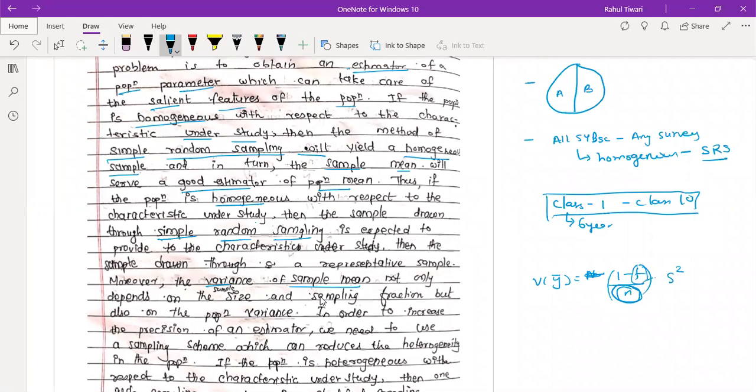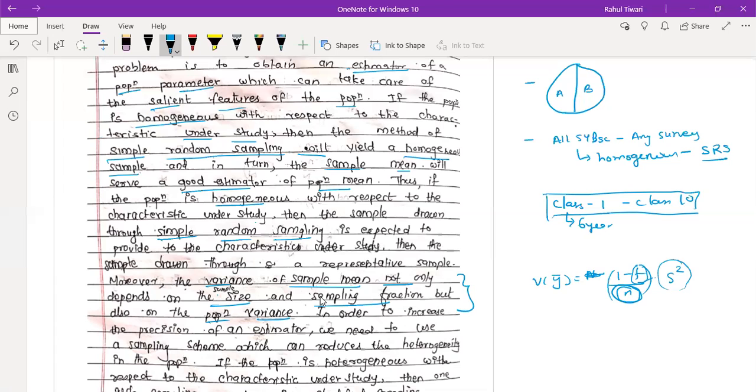It not only depends on the sample size and sampling fraction, but also on the population variance. So this is the case when your data is not homogeneous, and when we are calculating the variance in the heterogeneous case, it will create a problem.